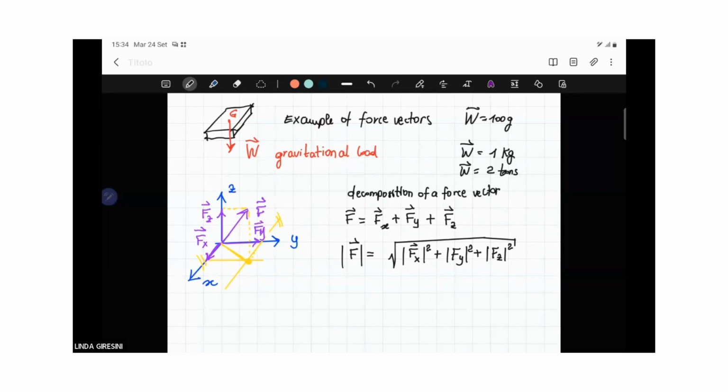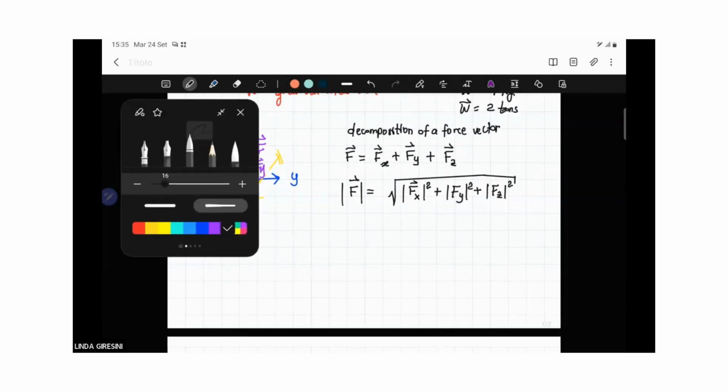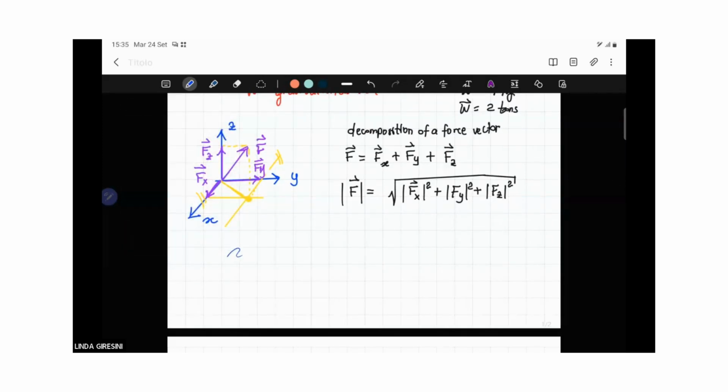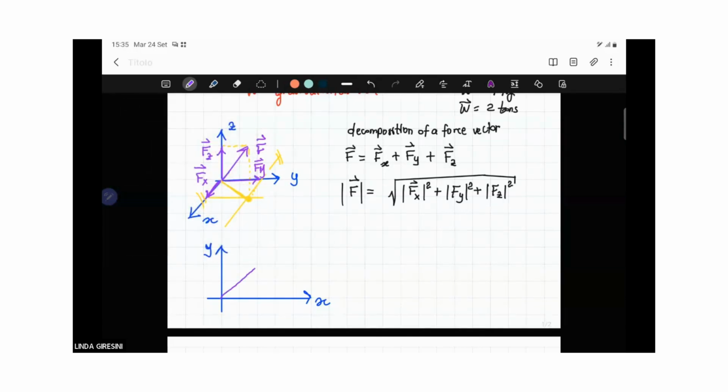Let's make a numerical example on a plane. So we have a plane. Let's assume that we are considering plane x, y. And we have a force vector which has an angle with respect to the x-axis of 45 degrees.